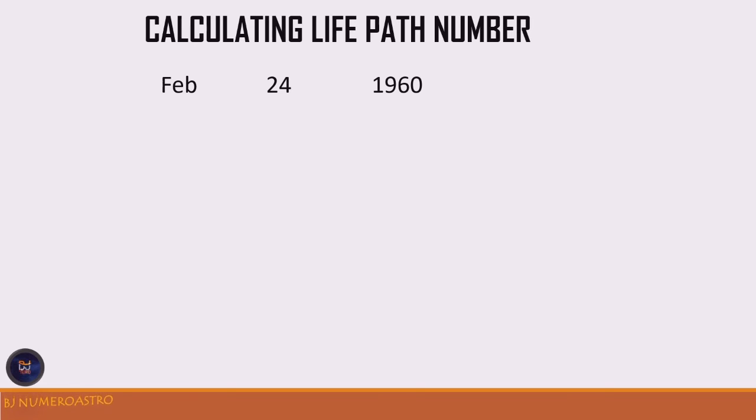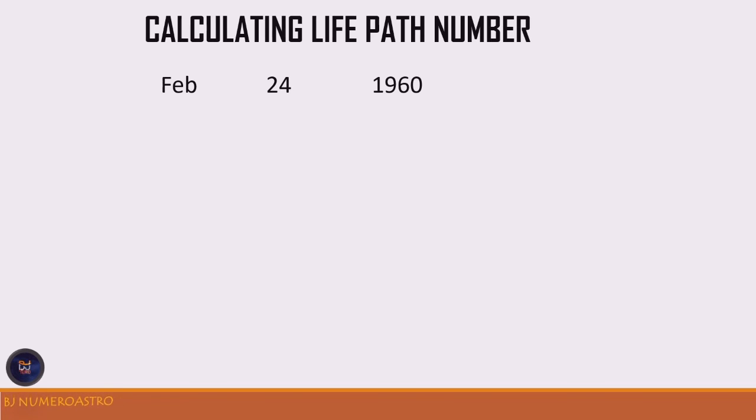So the format we use is month, day, and year. We don't write it as 24 February 1960, no, or as 1960 24 February, no, that's wrong. The format is month, day, year, which is February, 24, and 1960.